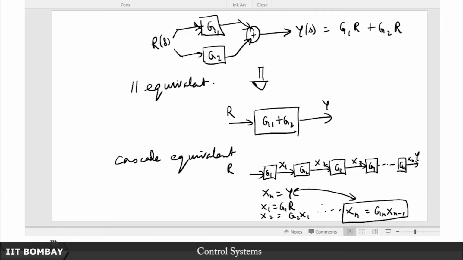So putting together all these equations, you will see that y is equal to gn xn minus 1 is equal to gn times gn minus 1 xn minus 2, so on until you come to the final stage where you have gn minus 1 dot dot dot till g1 r. So the overall transfer function then becomes this product.